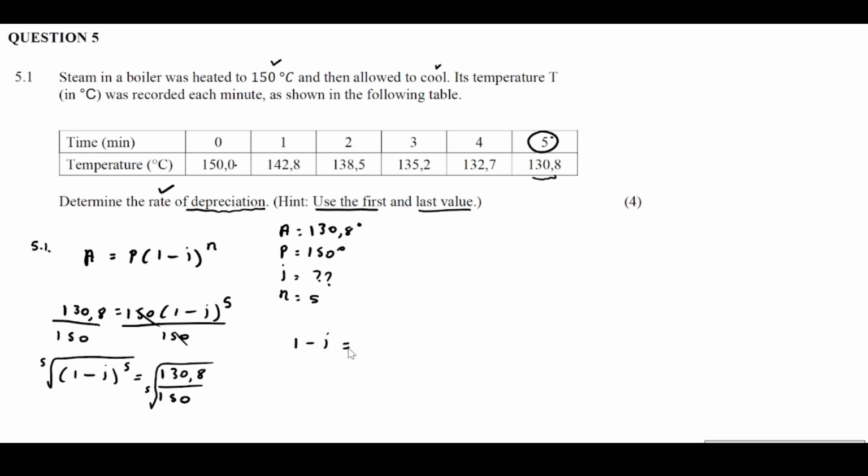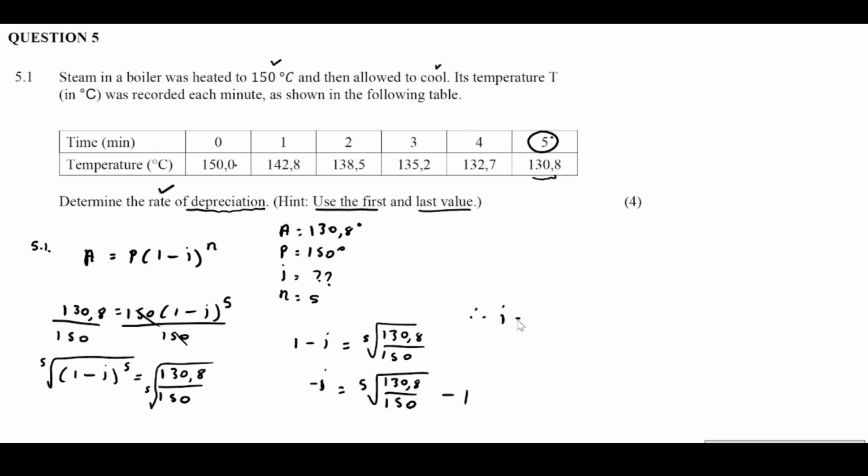This is going to be equal to the fifth root of 130,8 all divided by 150, and then I am going to subtract 1 on both sides, so negative i in this case. I'll be left with the fifth root of 130,8 all divided by 150, and then minus 1 there.